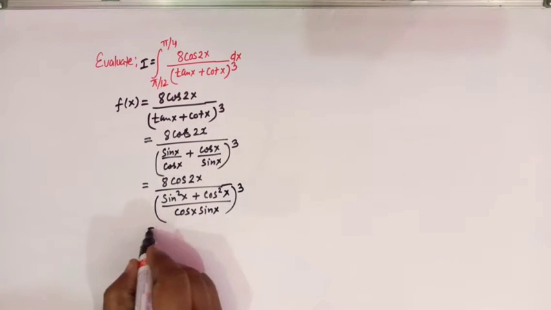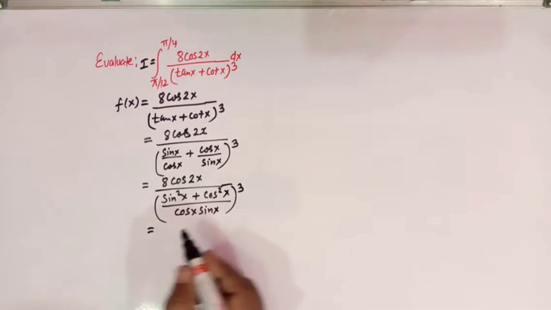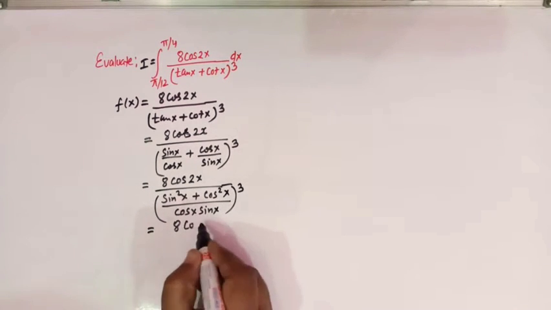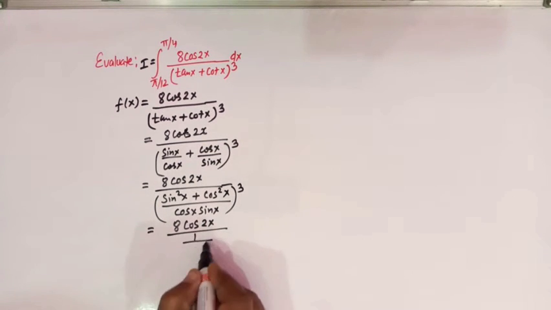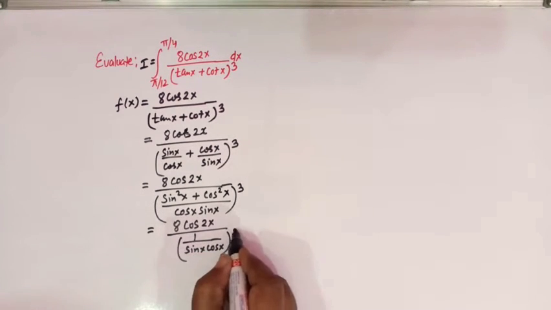Now we know that sin square x plus cos square x is 1, so we can write it as 8 cos 2x divided by (1 over sin x cos x) whole cube.